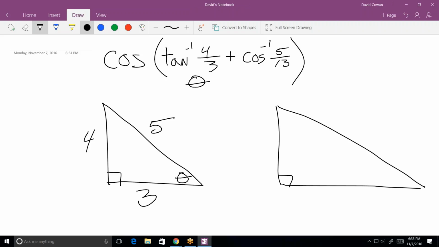And over here, this angle up here, which I will call alpha, that has to be 5, that has to be 13, that has to be 12. Now, without a calculator, or without solving for these angles, can I take the cosine of theta plus alpha? Wow.